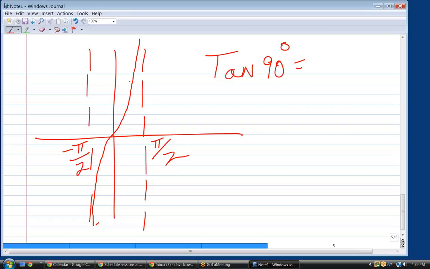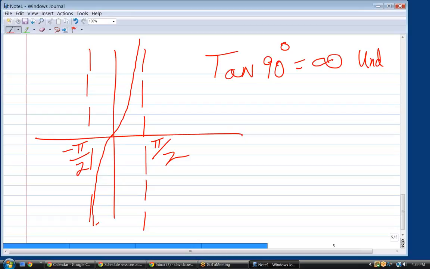So from reading this graph, that's infinity. Or they may prefer using this terminology, undefined. Yeah, we don't really do that. You don't use infinity, or you don't use undefined? We normally use undefined. We don't do the infinity thing.